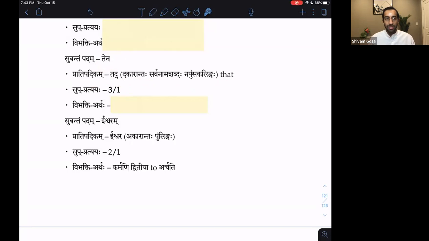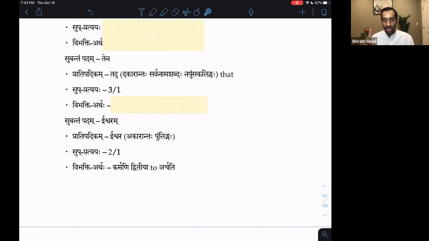Now, if we're in Kartri Prayoga, what can be the vibhakti artha? You can tell me in the chat what can be the vibhakti artha for this 3-1 here. So so far we know person worships Ishwara. Tena. It would not be Kartri Tritiya because the karta would be in 1-1.